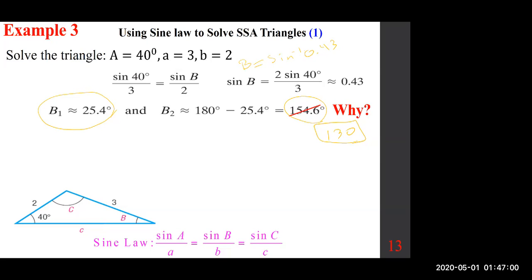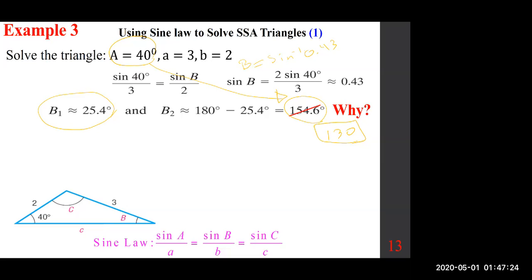Okay, Houston, we got a problem. Well, A is 40, isn't it? If you add 40 to 154.6, it goes beyond 180. So that's why it's out. But if it were, let's say, 130, it wouldn't go. 40 and 130 would be 170. That still works.